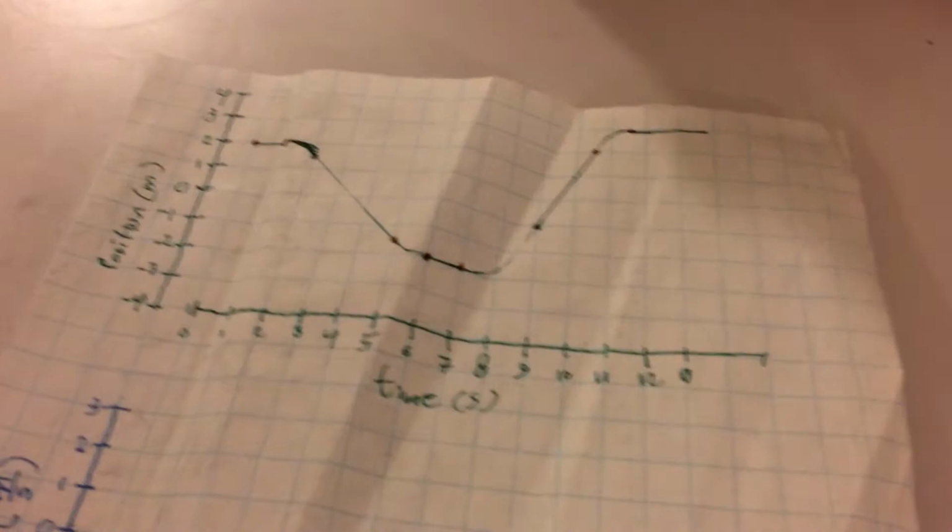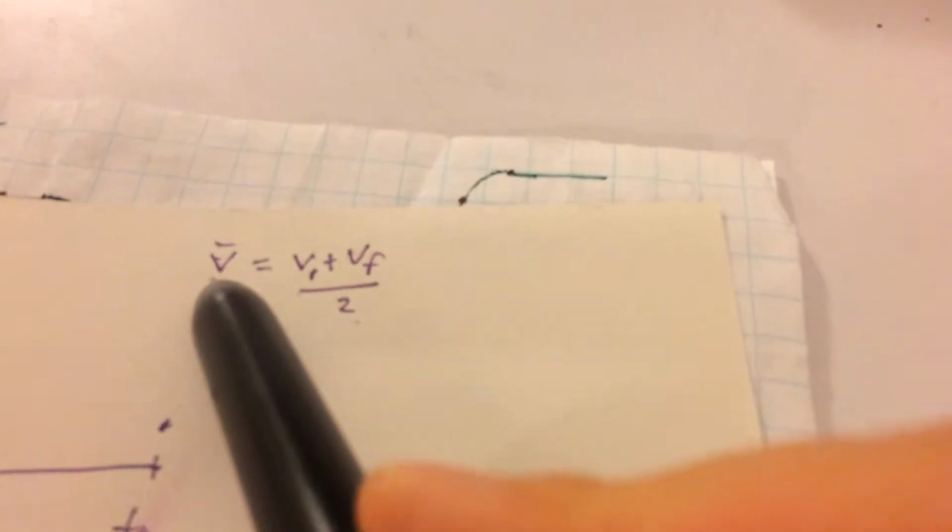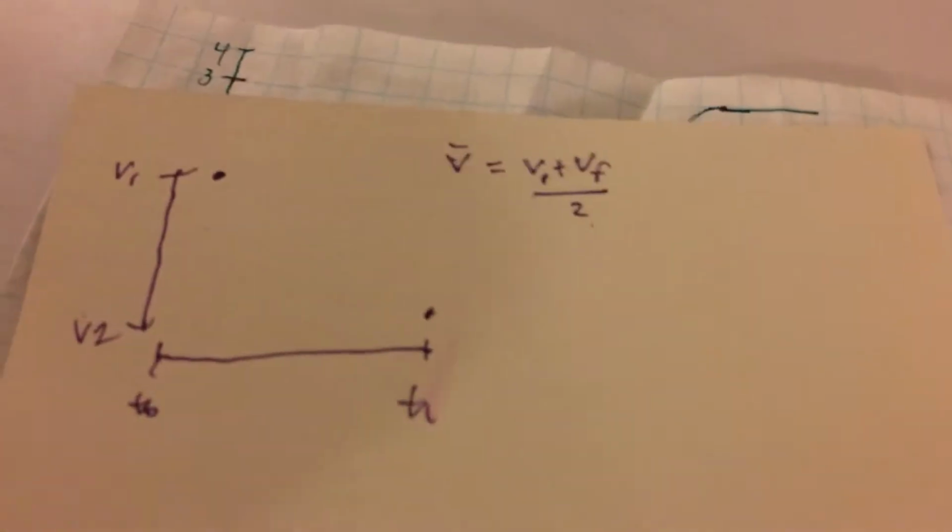One thing that's kind of cool about constant acceleration is that when acceleration is constant, average velocity equals initial velocity plus final velocity divided by 2.